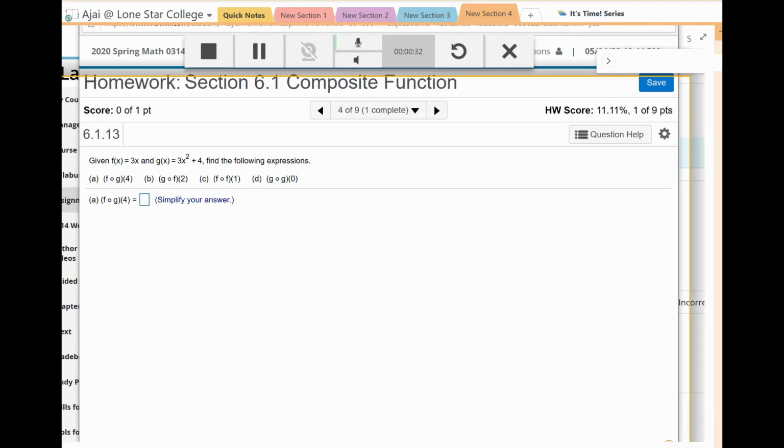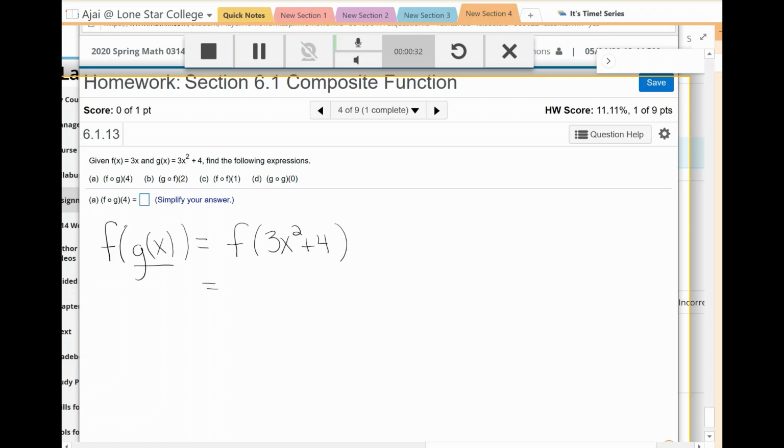So let's find the composition first. F of g. If I was to find f of g of x, I look at the innermost function first. So I need to replace g of x. That's going to be 3x squared plus 4.